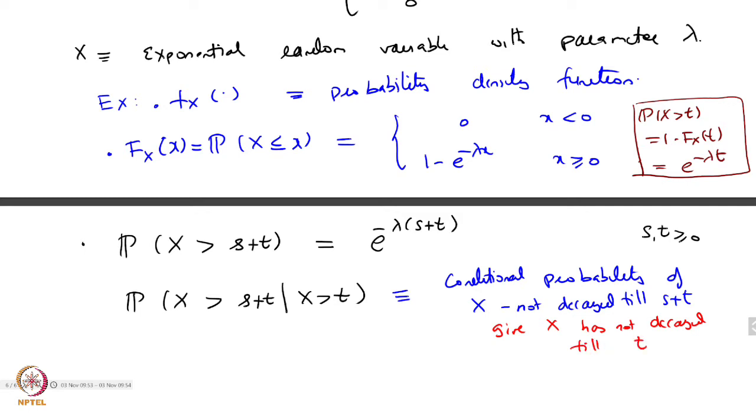Okay, so that's the key. That's what I should understand. So I want to understand x is not decayed till s plus t, given that x is not decayed till time t.